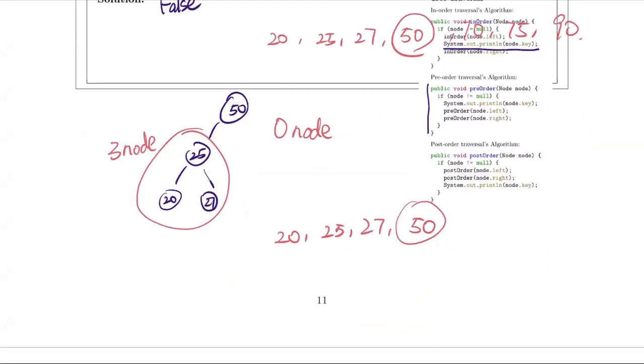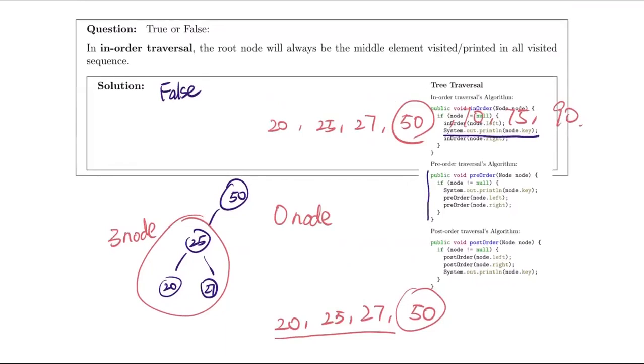Therefore, in-order traversal prints 3 elements on the left-hand side and 0 elements on the right-hand side. So this statement is not always true. The root node will not always be the middle element, but it will be if I have a completely balanced tree.